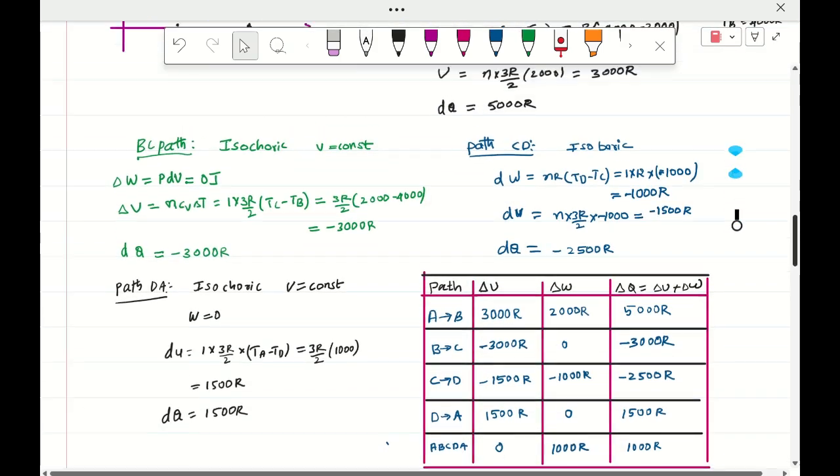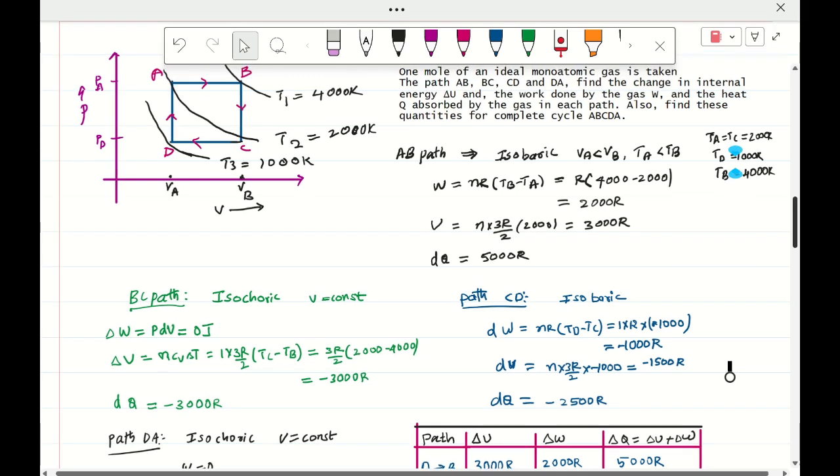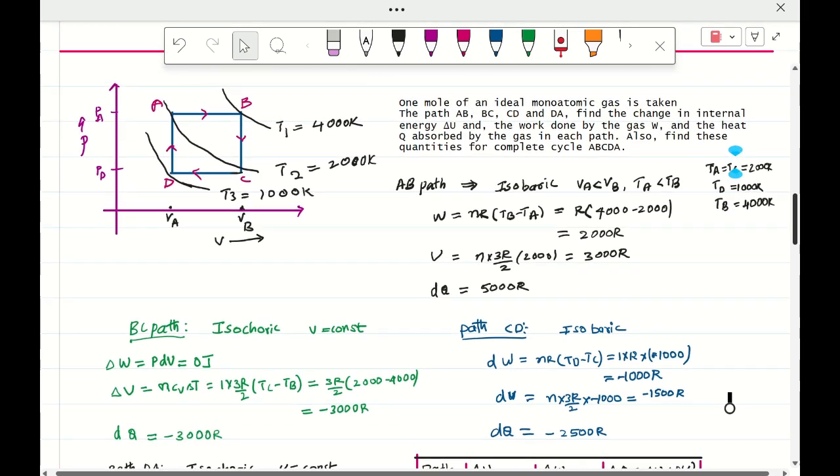See, this is a basic question I am going to explain. So this is the main question for all clarity. First of all, understand the question here. ABCD is one cyclic process. Pressure and volume. Therefore, isobaric and isochoric processes are there, isobaric and isochoric in the cyclic process.